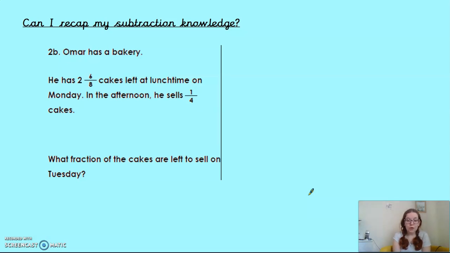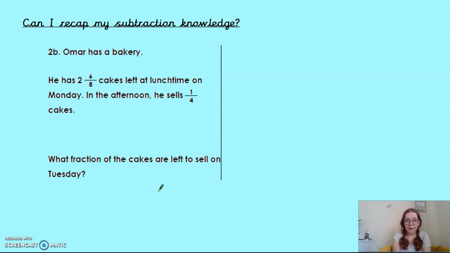So we've got two fractions here. We've got a mixed number, 2 6/8, which is what he has left on a Monday at lunchtime. In the afternoon, so the rest of Monday, he sells 1/4 of the cakes. 1/4 of the cakes he's got left. What fraction of the cakes are left to sell on Tuesday? So how are we going to work it out?